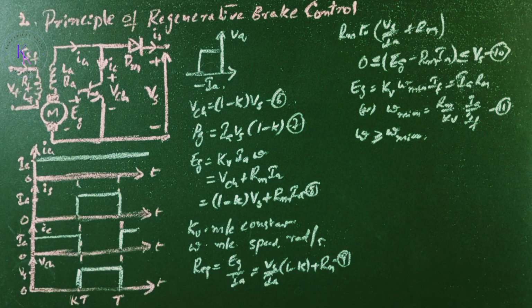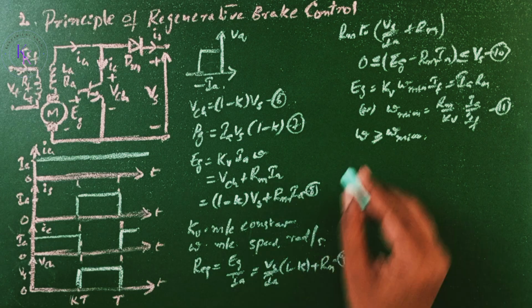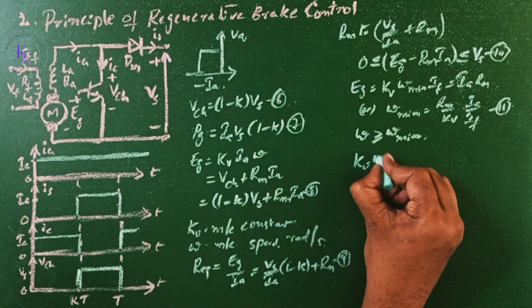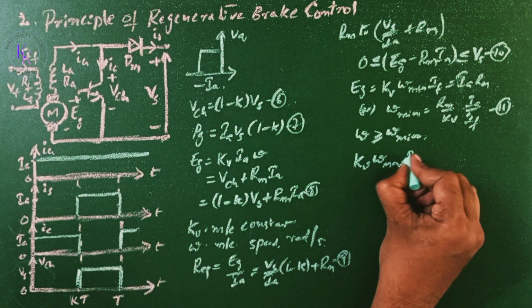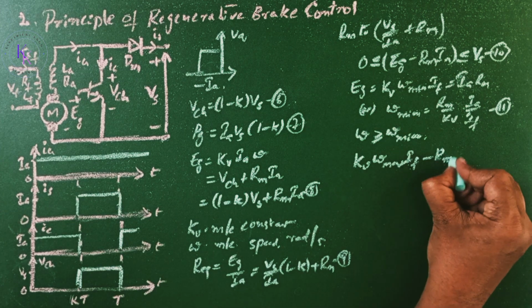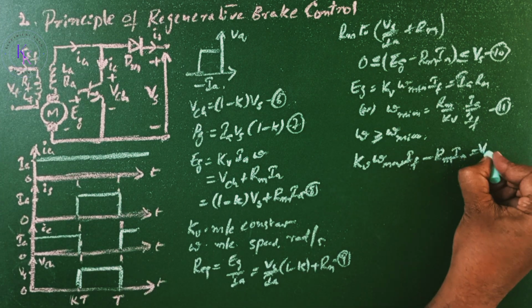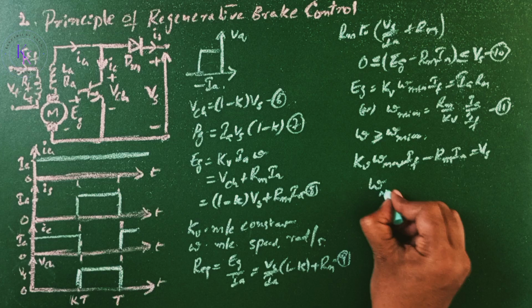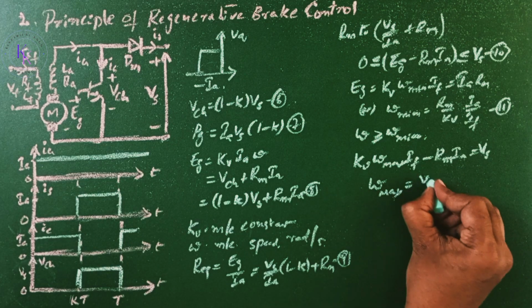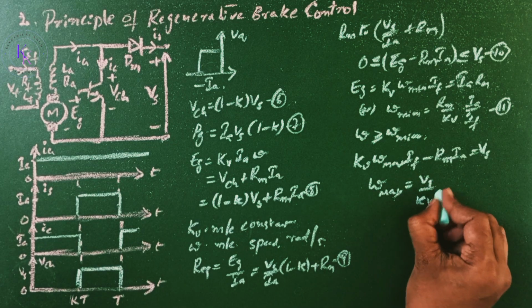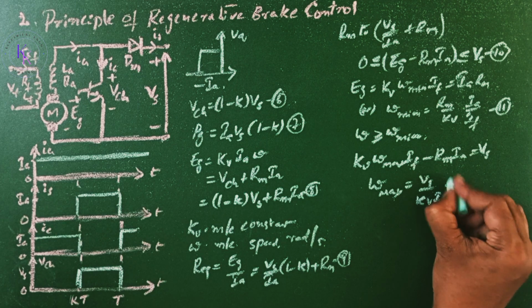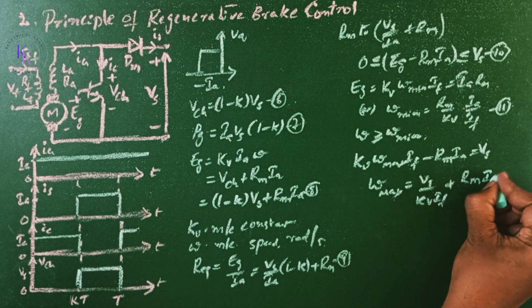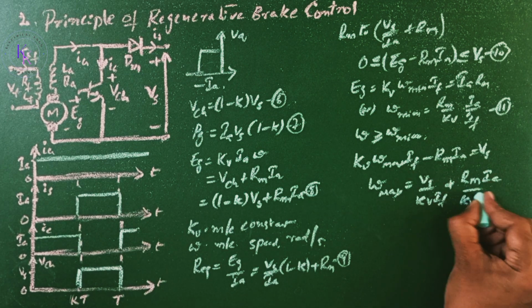The maximum braking speed of the series motor can be found from equation 10, that kV omega maximum IF minus Rm IA equals Vs, or omega maximum equals Vs divided by kV IF plus Rm IA divided by kV IF.